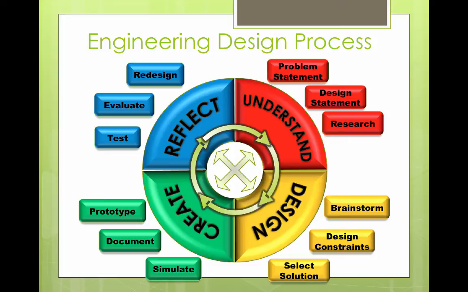And that is, understand the problem, design, create, and then reflect. Now you see arrows going all the way around in a circle, but you also see some cross arrows in the center. Sometimes we don't follow this process just in a complete circle. Sometimes we would need to go back and forth within the process.